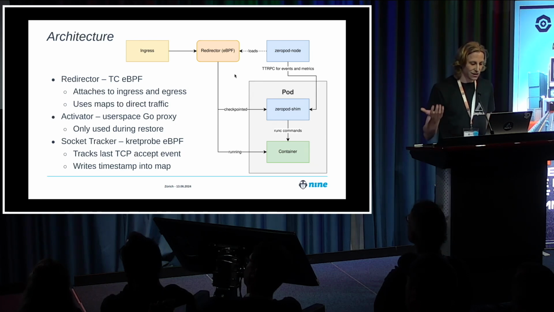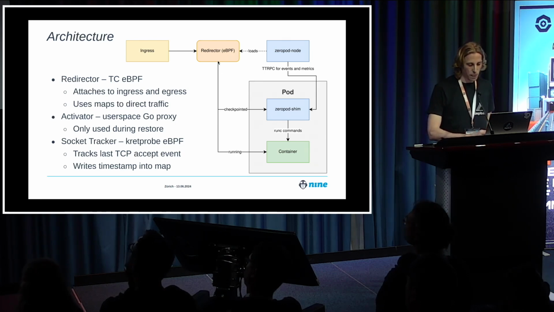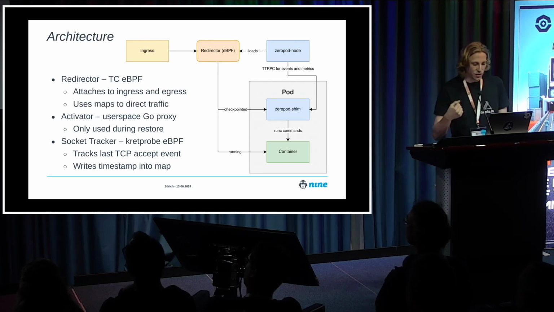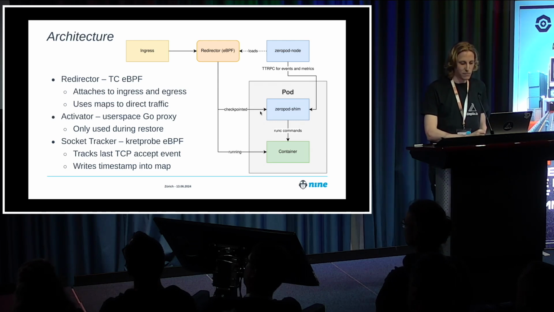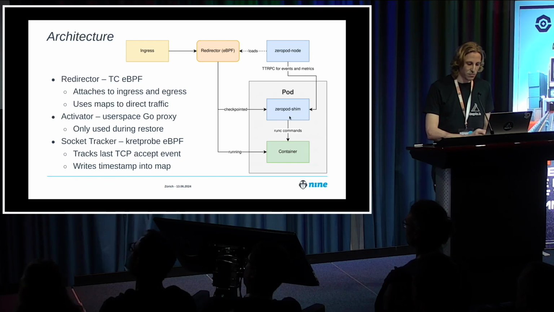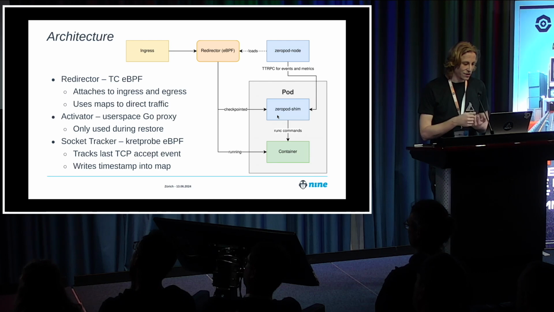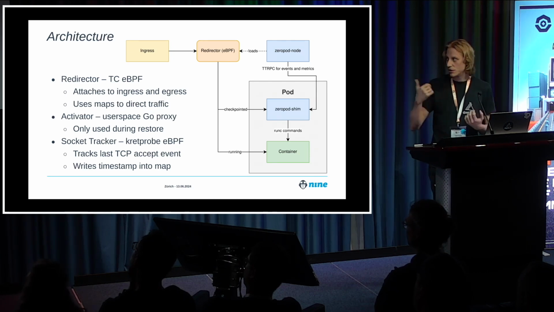So if the application is checkpointed, it will rewrite the packet to change the port, and then the port will be of a little Go proxy that runs in the 0-pod shim. That little Go proxy will accept the connections and then actually do the restore.